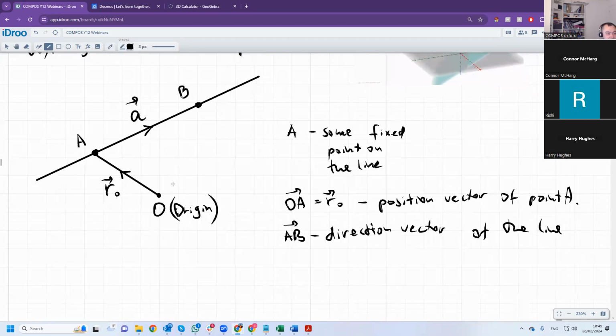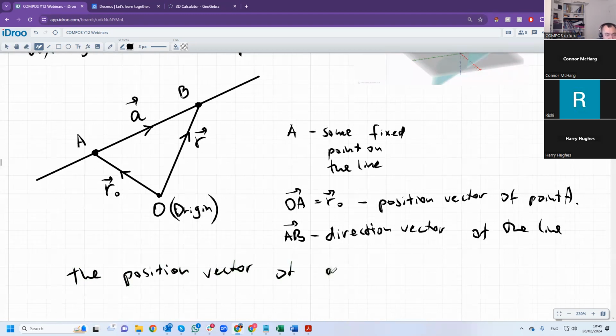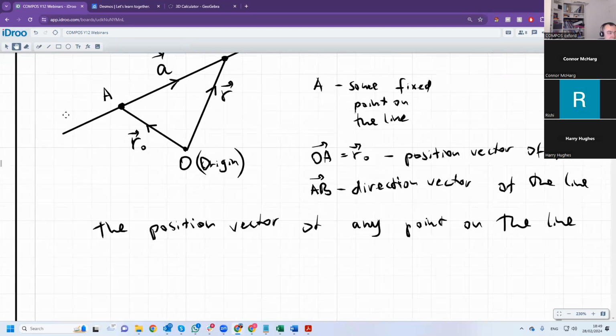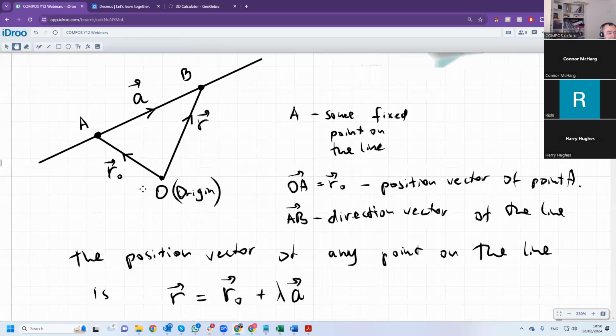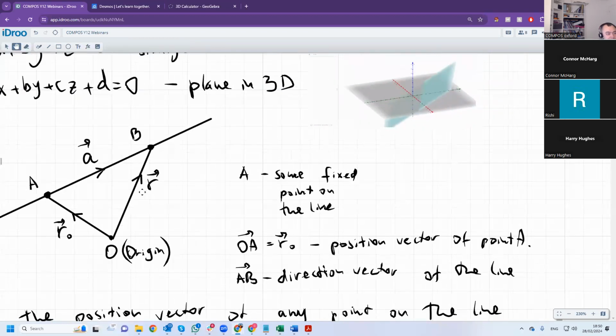Now, the position vector of any point on the line is R, which is equal to OA plus, well, R is equal to R0, this vector, plus lambda A. Okay, sorry, I might have confused you.